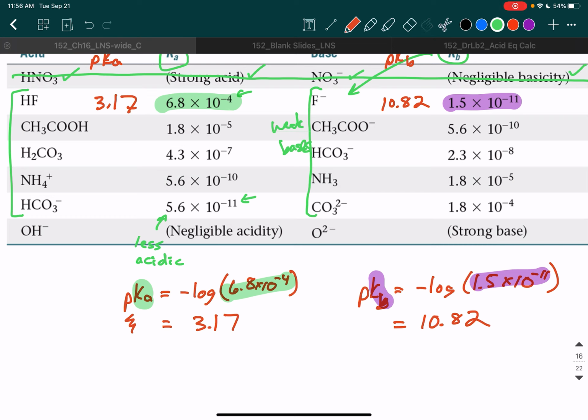If I do this for just a couple more, I'm not going to plug and chug the formula. I'm just going to write the answer here.